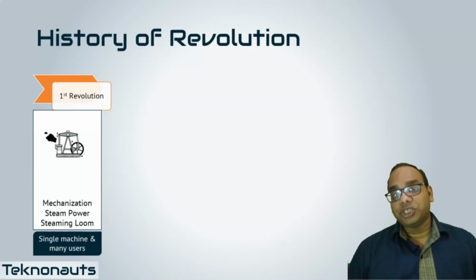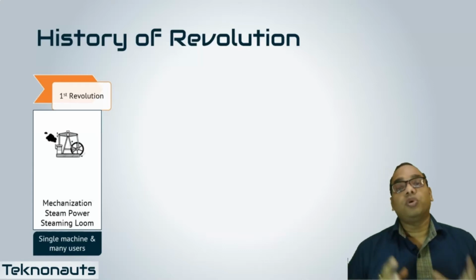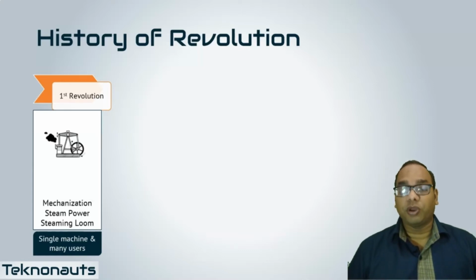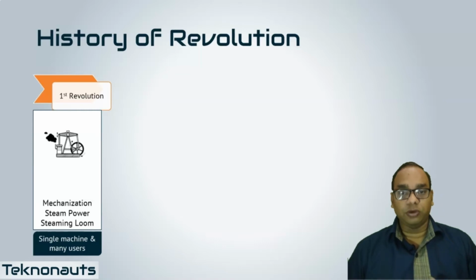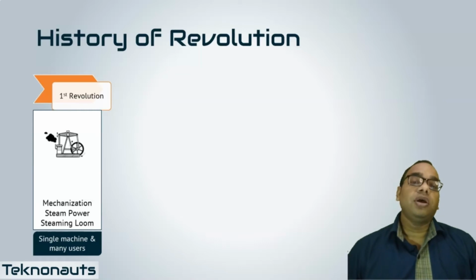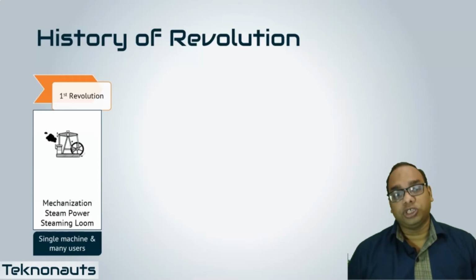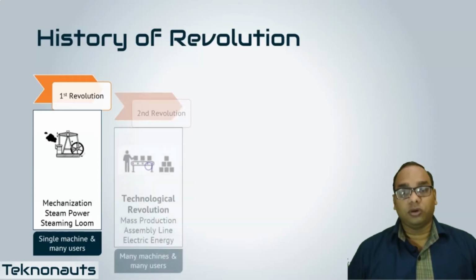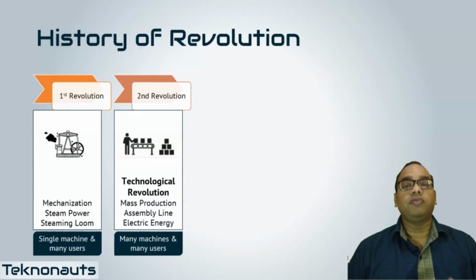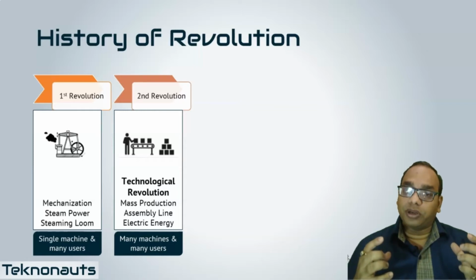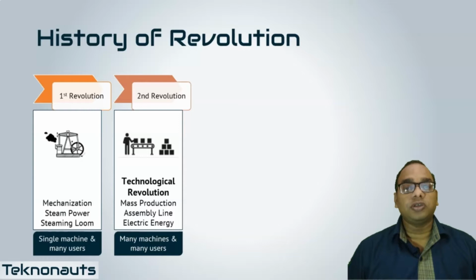So single machine and many users was the motto of the first industrial revolution, because it was the initial phase of the revolution. Second was the era of technology, also known as the technological revolution, which was Industrial 2.0, which included more of assembly line, mass production, electric energy. So the tagline for this particular revolution was many machines and many users.